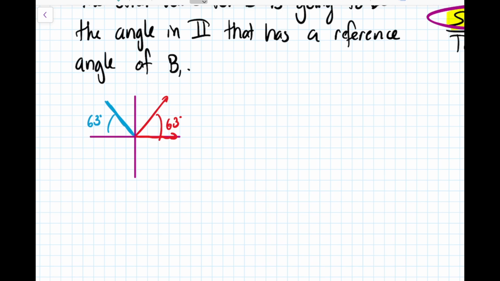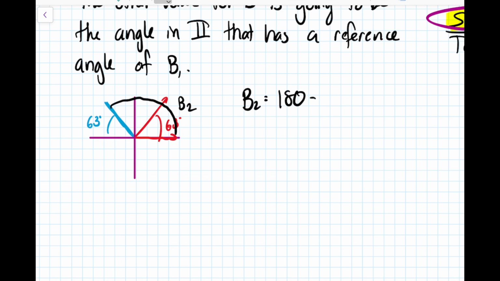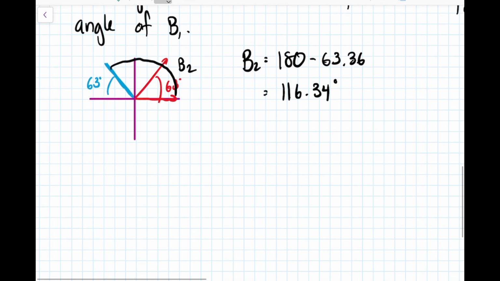So this is the other angle that we're looking for. That's our B2. And so it's really easy to get. B2 is just going to be 180 minus your first value for B, your B1. So if you subtract those two things, 180 minus 63.36 is going to get you 116.34. And so that's it. We're actually done this question.